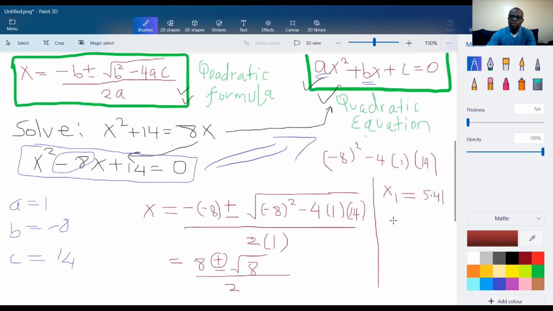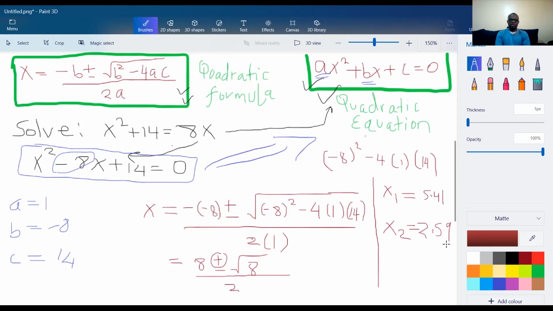For x2, this time around, you leave the positive sign out. You use the fraction with a negative sign on top there. Then you'll get your x2 to be 2.59. Note that these values have been rounded off to 3 significant figures.